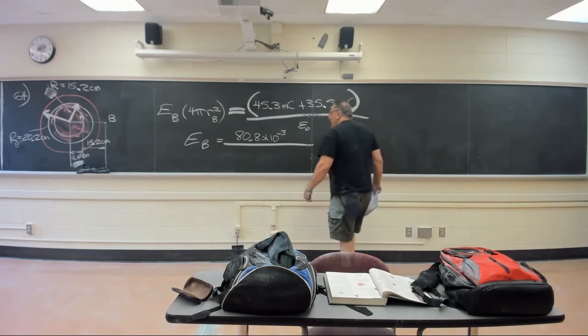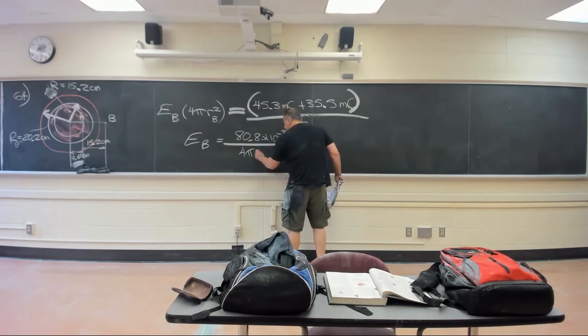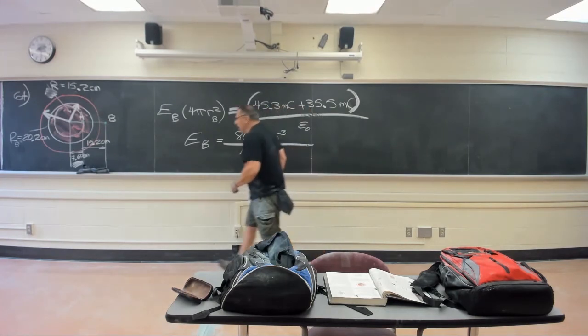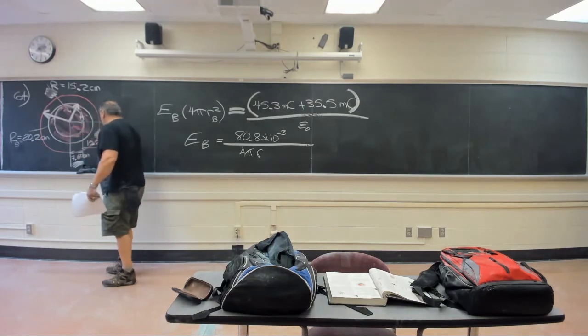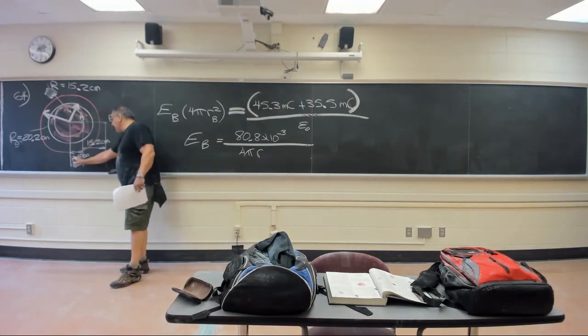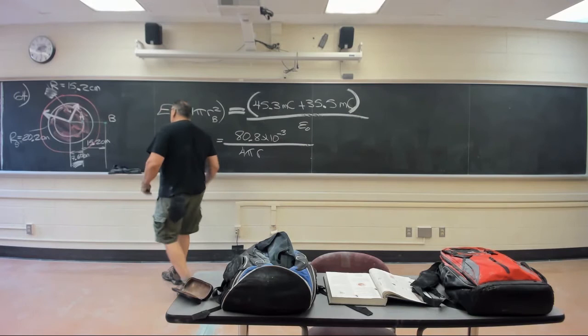And you got 4, you got pi, you got whatever R sub B is. Well, what's R sub B? R sub B is this length from here all the way to here. How far is that? That's 7.6 plus 15.2. That's 22.8 centimeters.